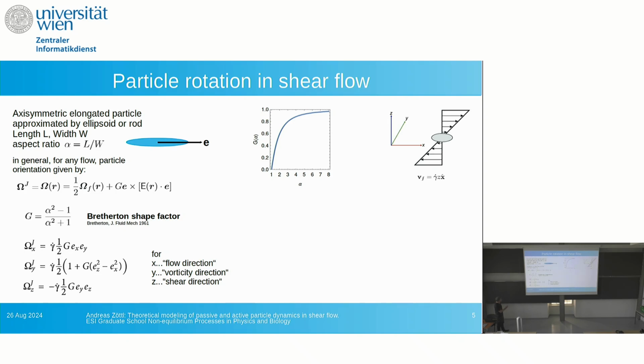It has dimension of inverse time, as this omega has. And you can also see when G is 0, there is no rotation in x direction, no rotation in z direction, and you only have rotation in y direction, which is gamma dot half. That is exactly the rotation rate of a sphere. But as I said before, it's more complicated when you have these elongated particles.